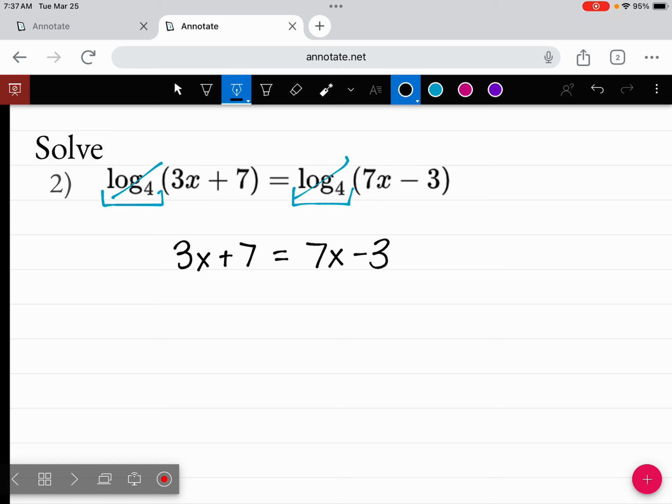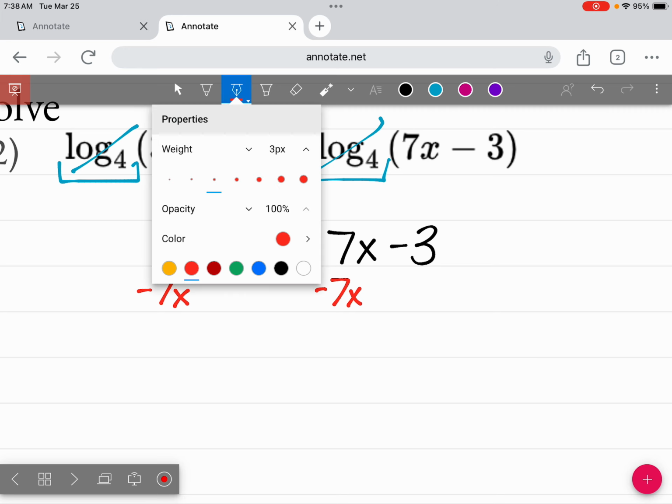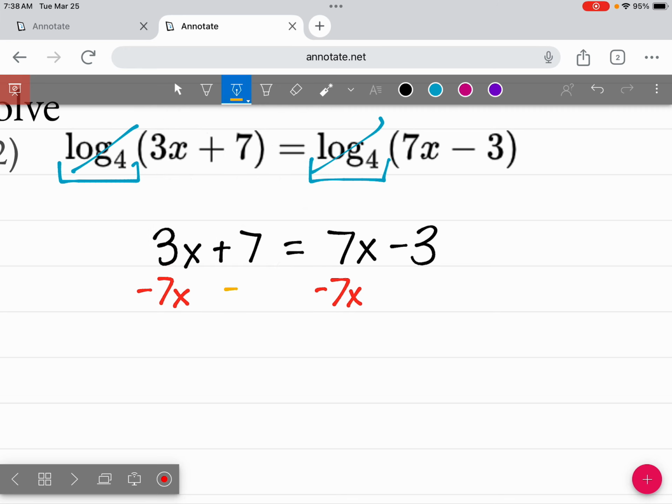All right. What do we do here? What's going to be our first step? What I did was I subtracted 7x on both sides, and I also subtracted 7 on both sides. Yeah, those are both absolutely valid moves. Not your only option, but absolutely valid.